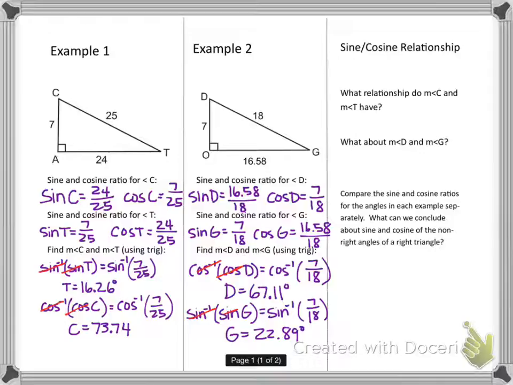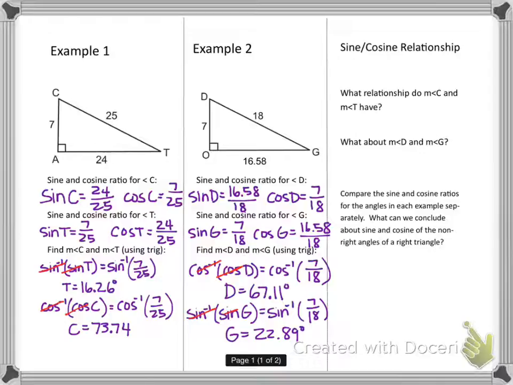So the point of this is to observe the relationship that sine and cosine have. Look at the relationship that angle C and angle T have right now. C is 73.74 and T is 16.26.